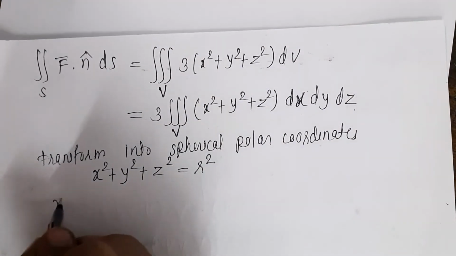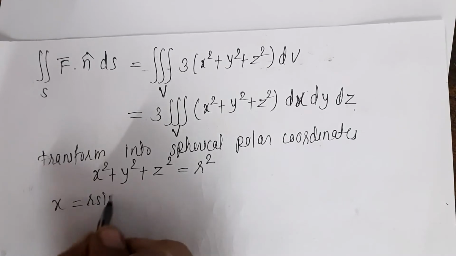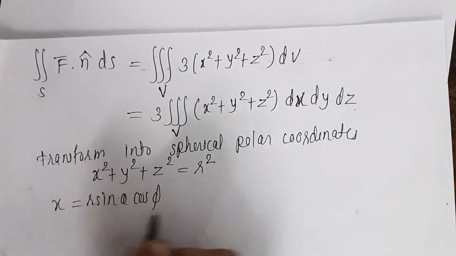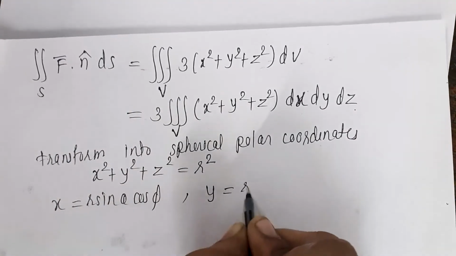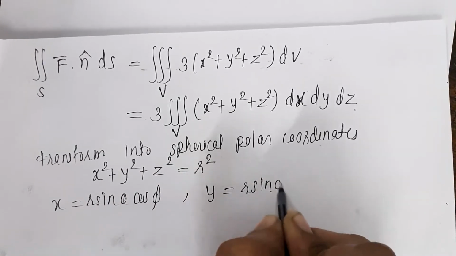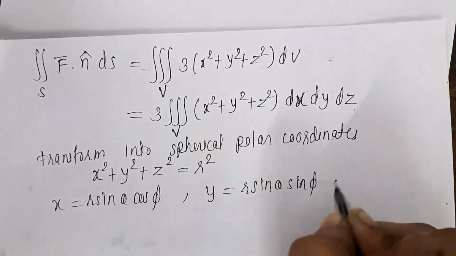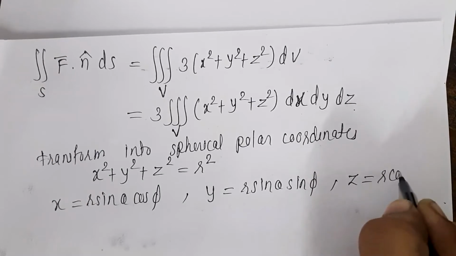Then x is equal to r sin theta cos phi. Then y is equal to r sin theta sin phi. And z is equal to r cos theta.